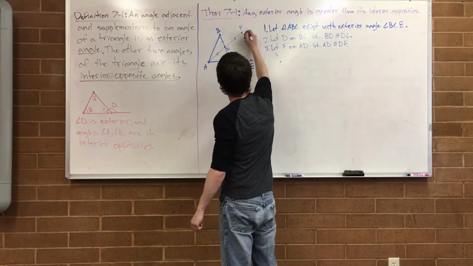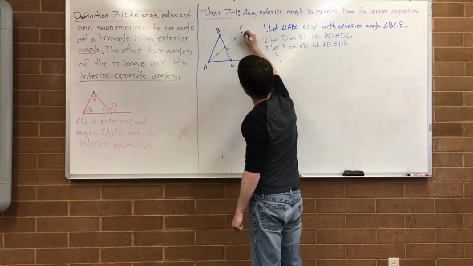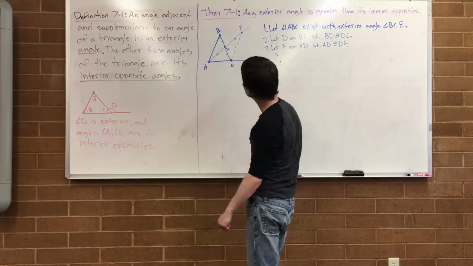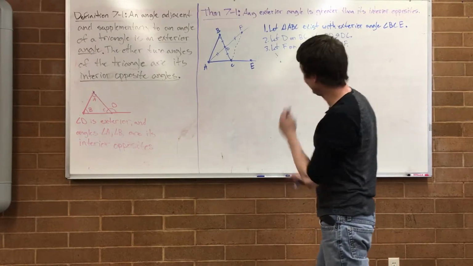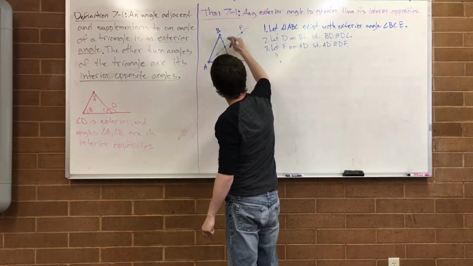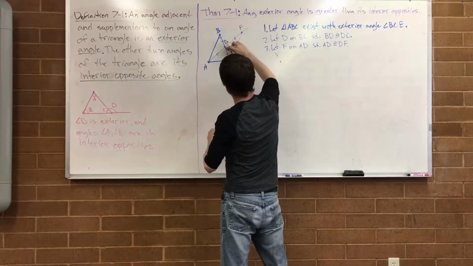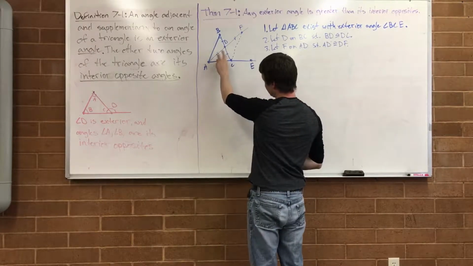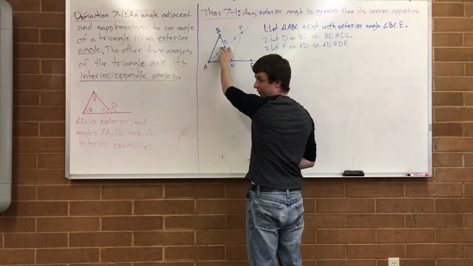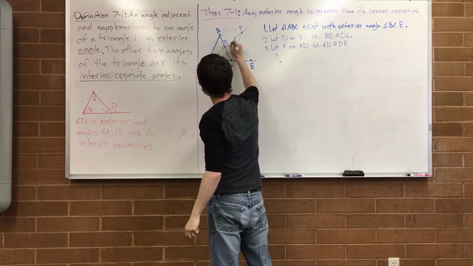All right. Now, paying attention to this triangle, oh, sorry, there's one more thing. Since these two angles are vertical angles, they're congruent. So this angle is congruent to this angle.